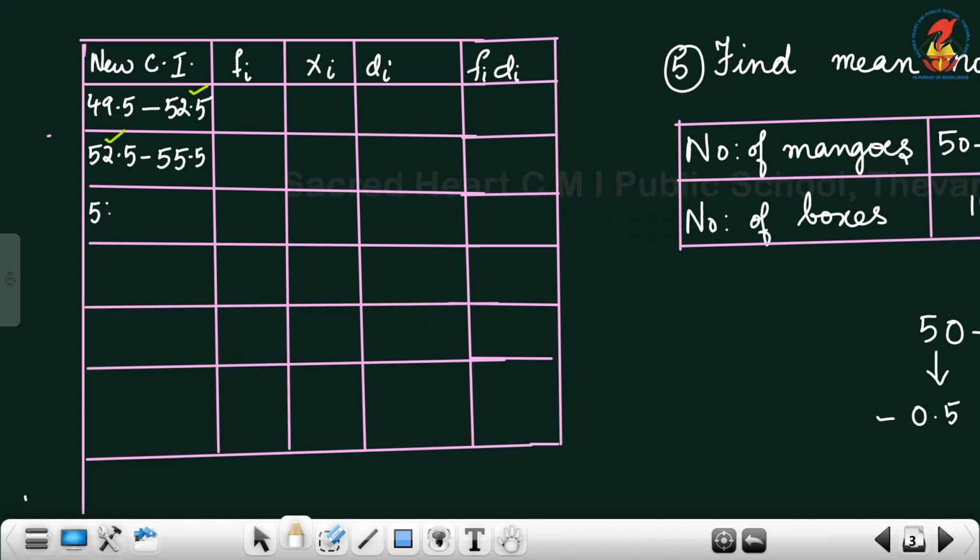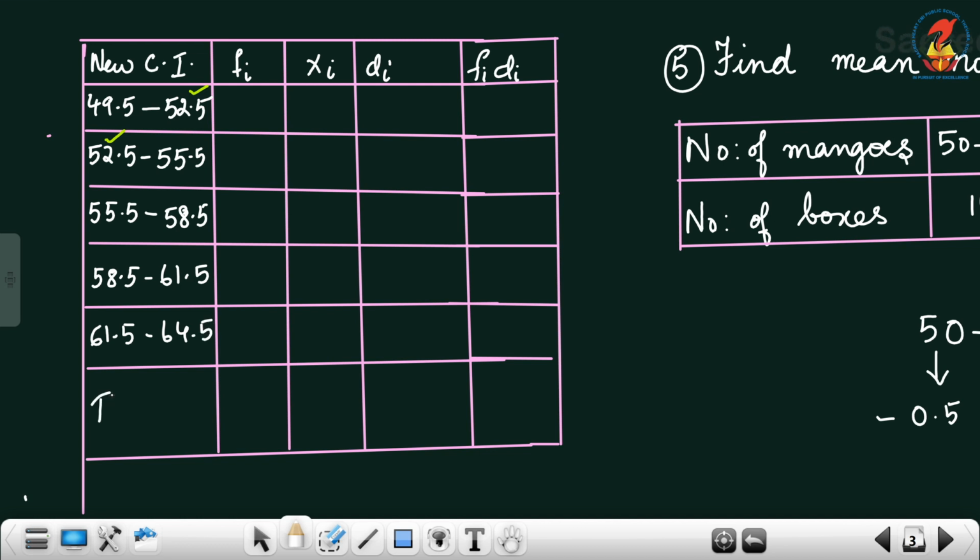So write down the next class intervals also: 55.5 to 58.5, 58.5 to 61.5, 61.5 to 64.5.